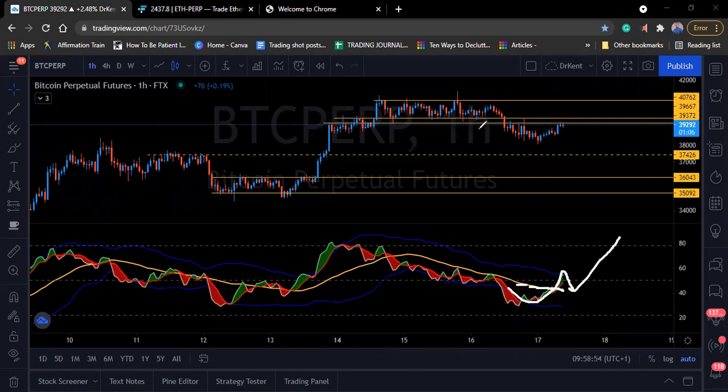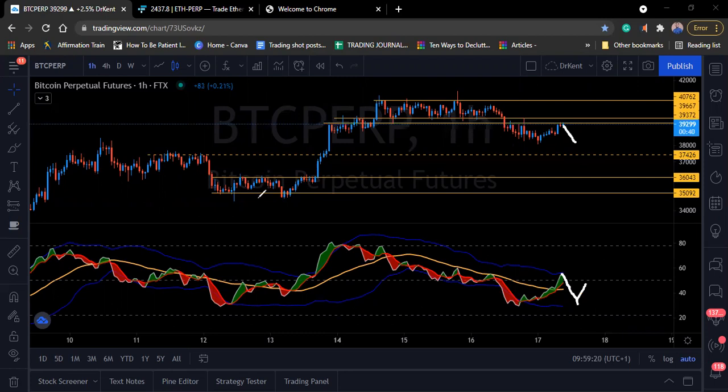So on your TDI, it would have formed some form of a W pattern. On the chart, it will form a similar pattern. Sometimes on your chart it might go really down, but on your TDI, even if it goes down, it still stays close to this market baseline and doesn't go this deep. So when I see that, I'm confident.